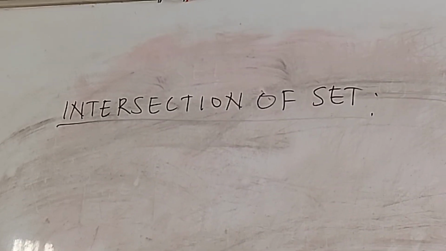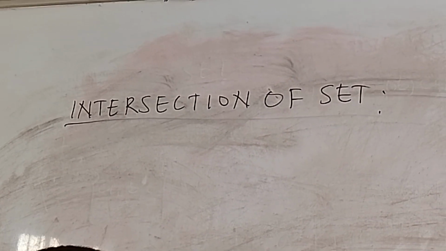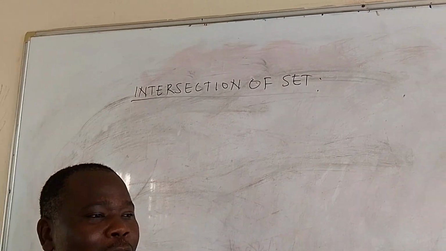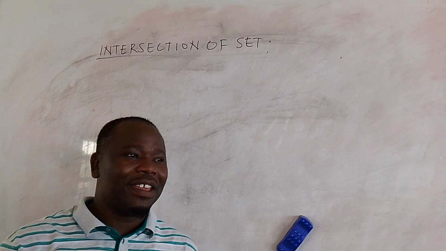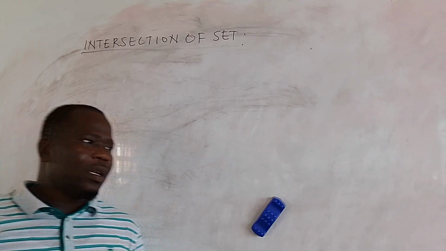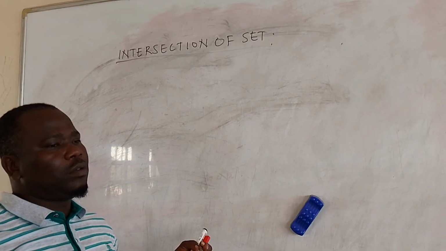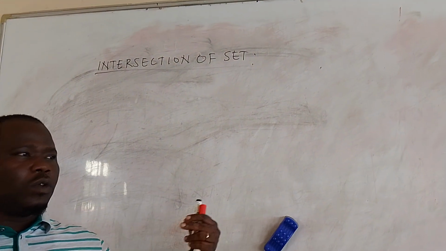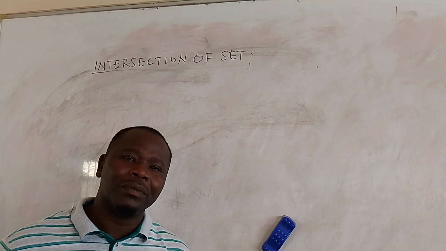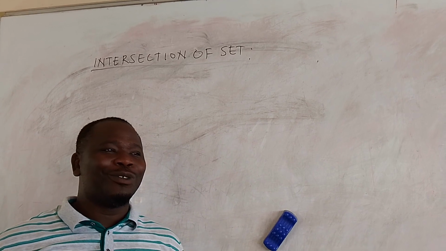Now, when we say intersection of sets, let us look at it in real life. We are going to look at it this way. Let's use John and let us use Victor.